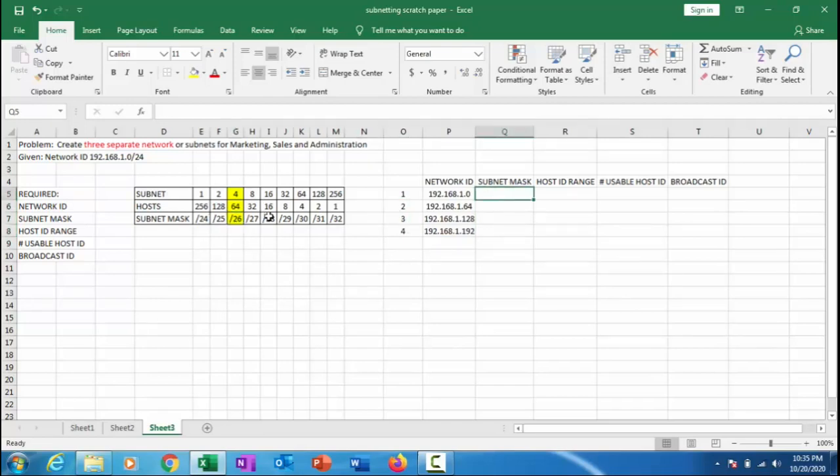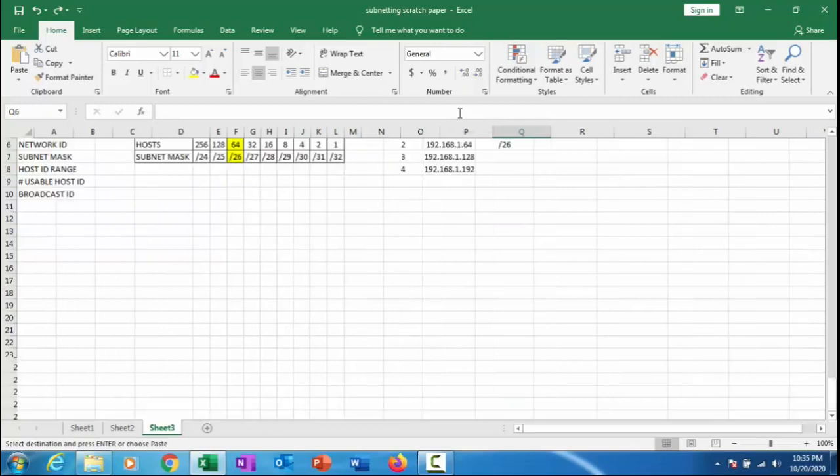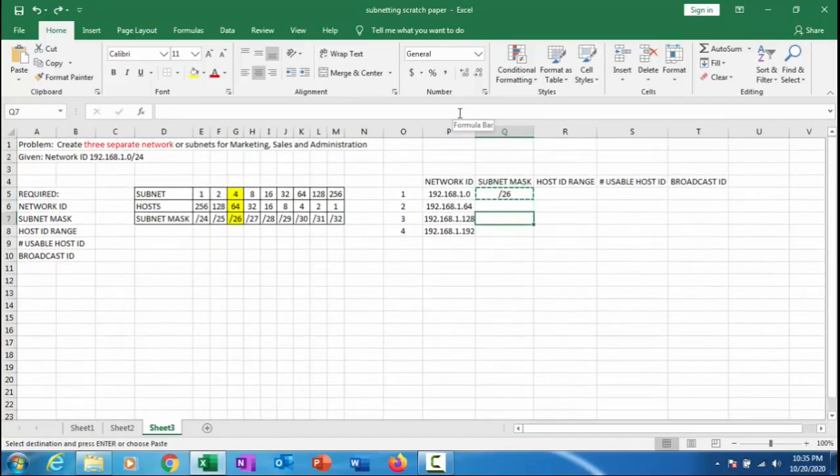So we just fill this up with /26. We just copy and paste it. Oops, what have I done? Sorry. There. Okay. So subnet mask is done.